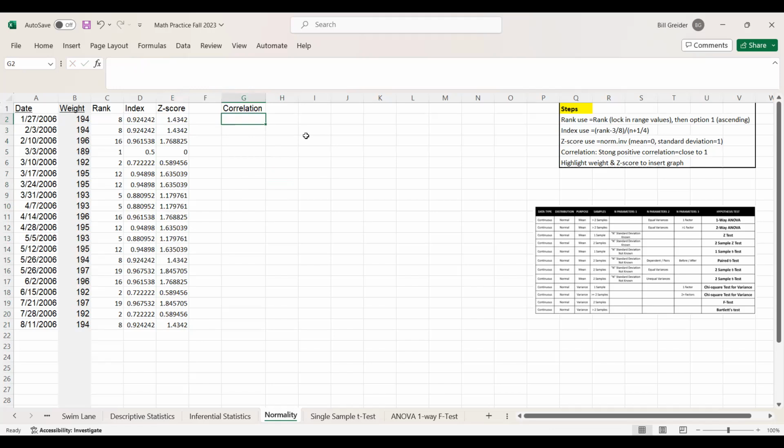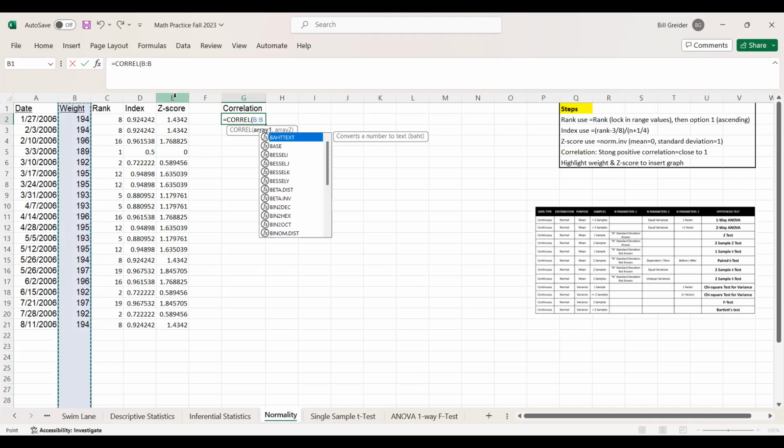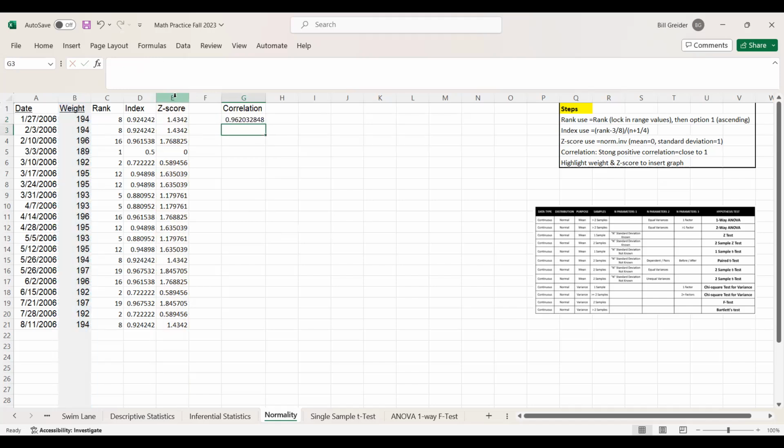So equals CORREL, and I'm going to grab B and E. And the idea is that the closer to 1 I am, the closer we have a good positive correlation between this 20 pieces of weight that I took back in 2006 and a perfect bell-shaped curve. So it's highly correlated.